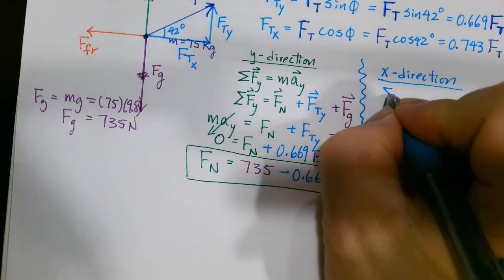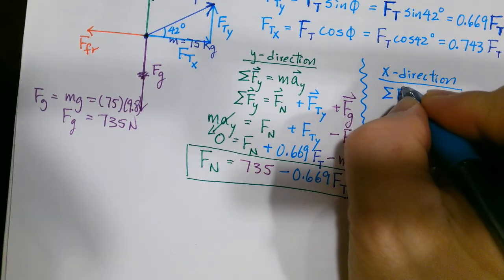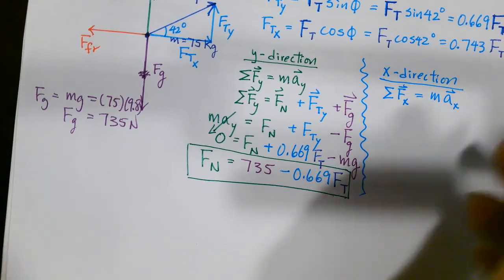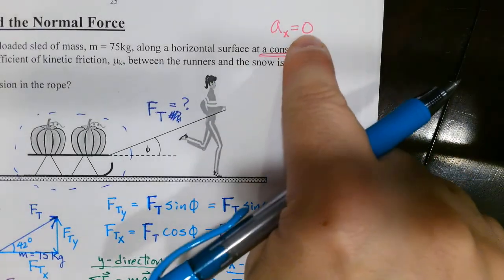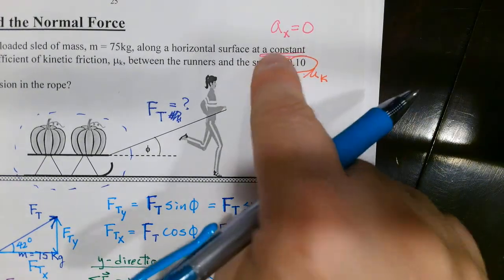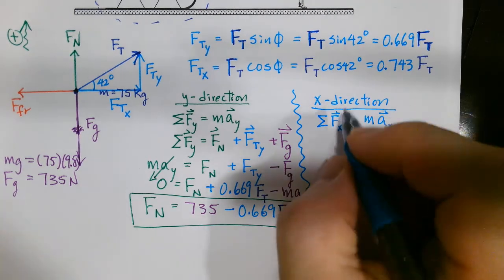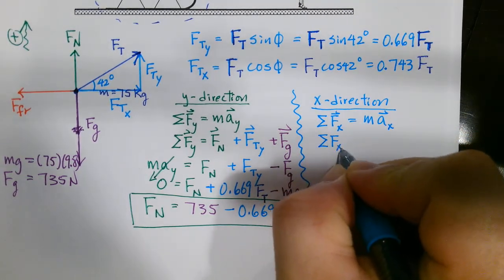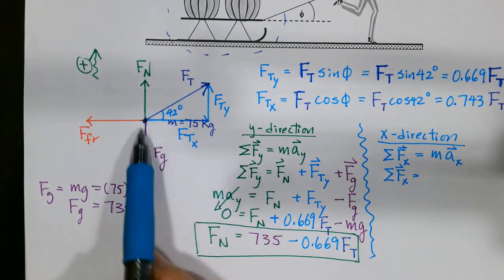Sum of all forces in the x direction is equal to max. And we have already established that ax is equal to 0, right here, right? So, sum of all forces in the x direction, there are two forces in the x direction.